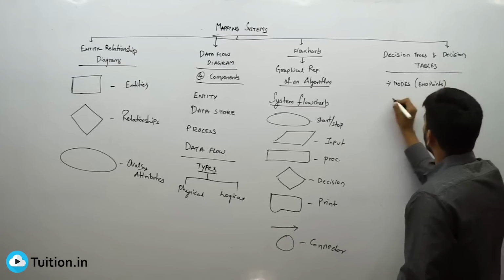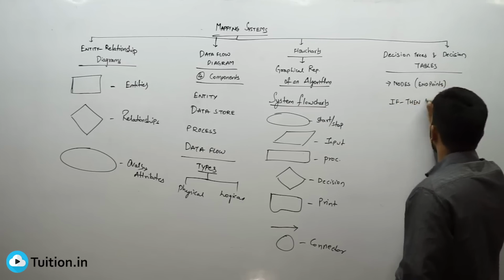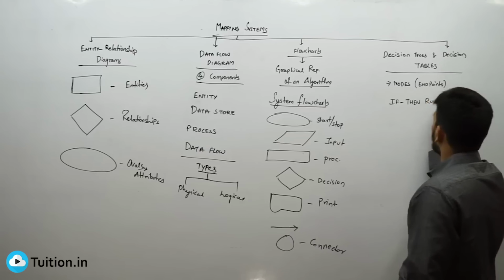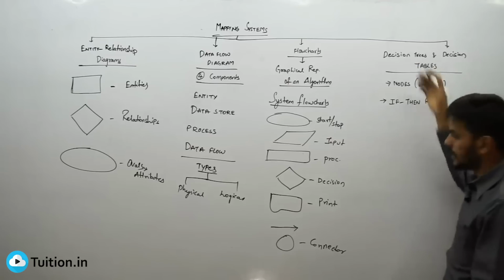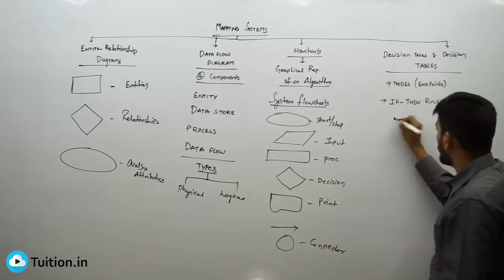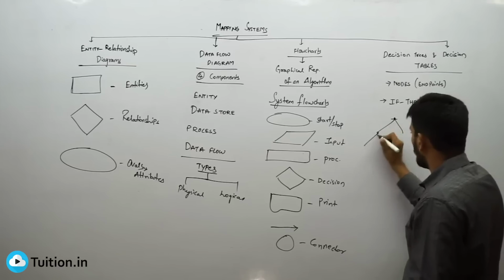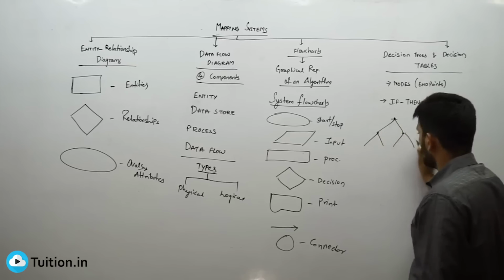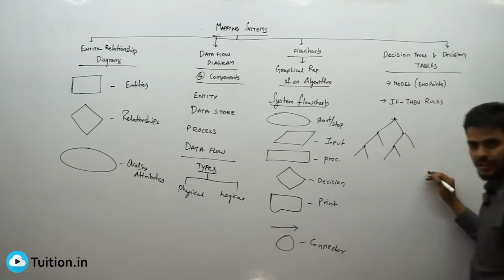Nodes are endpoints. They represent the if-then rules, what is supposed to be done and how it is supposed to be done. A decision tree starts at a point and then it goes with two questions, and from this point it goes to another two, and this point it goes to another two, if yes, no, and then this goes on. This is the pattern of a decision tree.